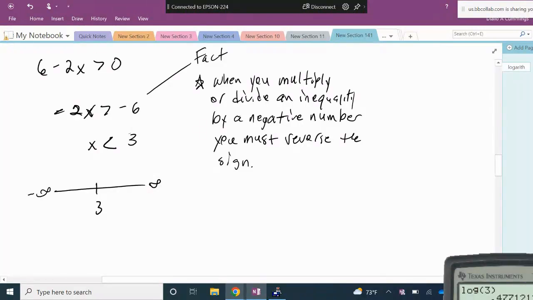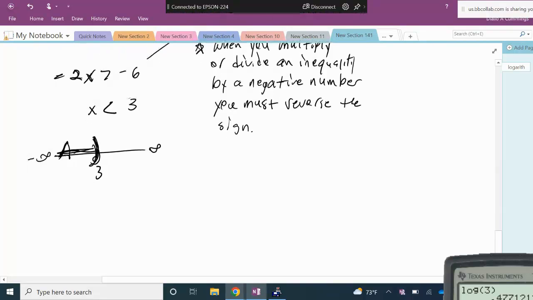Positive infinity is to the right. We want all numbers that are less than 3. Right, so our parenthesis faces the left. Our line extends toward the left. Right, so we can write this as the open interval from negative infinity to 3.